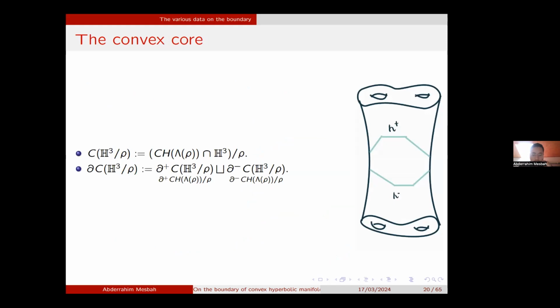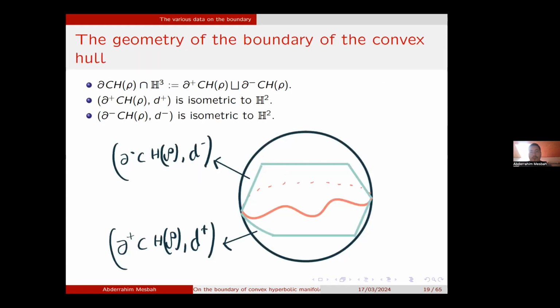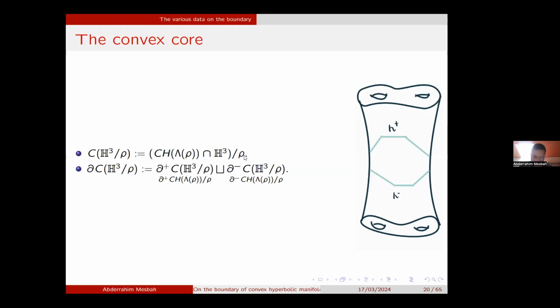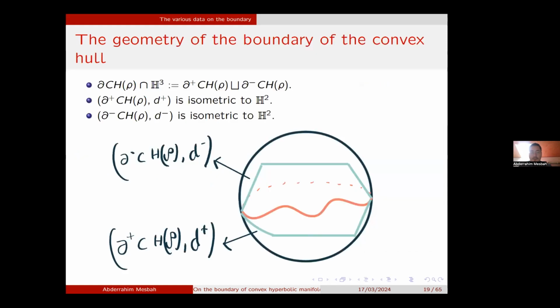Now when we take the quotient of H3 by the quasi-Fuchsian representation, we call the quotient of the convex hull the convex core, and we get two hyperbolic metrics on sigma doing this process. We take a quasi-Fuchsian representation, we take the convex hull, and we quotient.